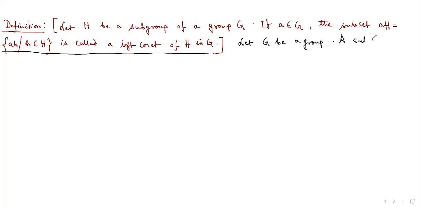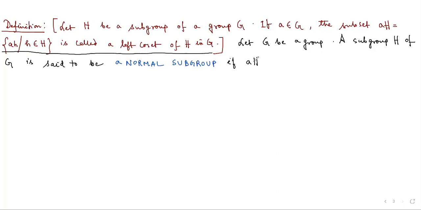A subgroup H of G is said to be a normal subgroup if the left cosets and the right cosets are the same with respect to all the elements of the group G.